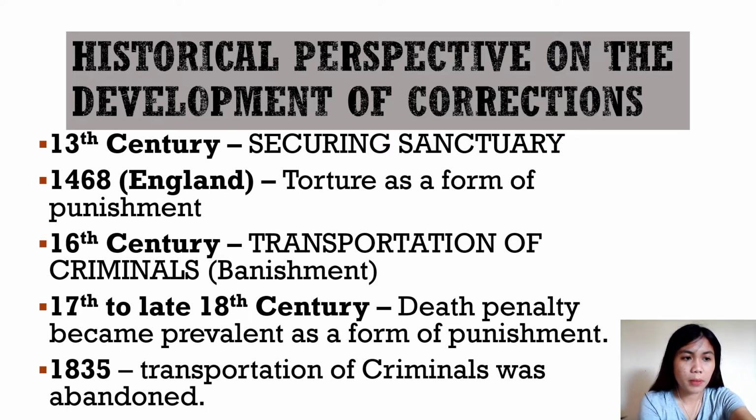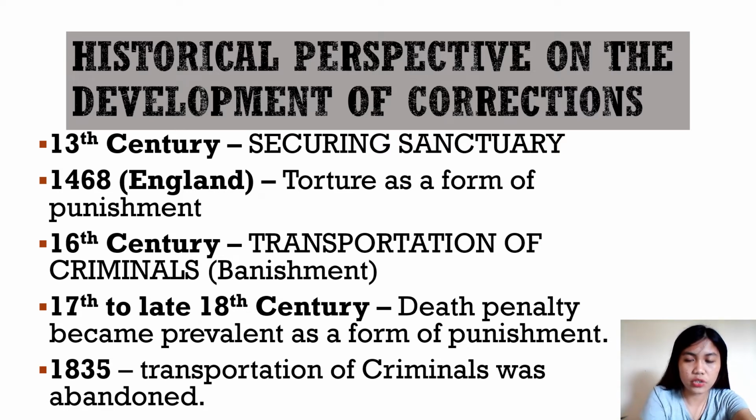The punishment of the criminal offender was by torture. Actually, there are certain forms of torture. We have what we call whipping. This is beating with a whip or strap or using rope as a form of punishment and so on.